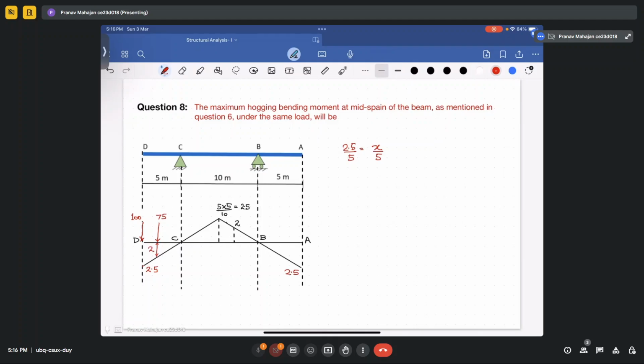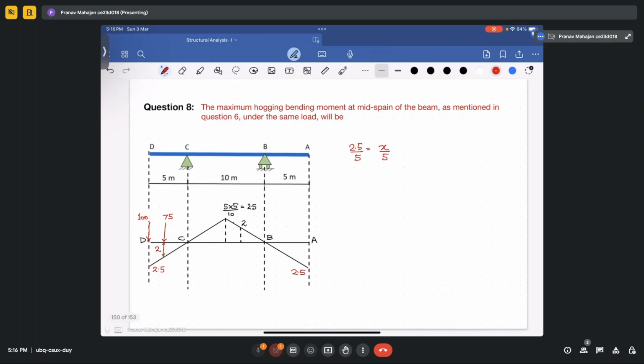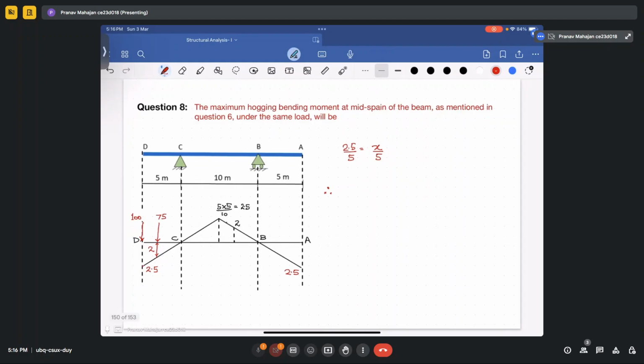So the value here, if we calculate, will come out to be 2. Okay. So in this case, we are calculating the hogging moment. That's why I am considering this area, because only this area is providing us the maximum hogging bending moment. Hogging bending moment is considered to be negative, that's why we have to consider the negative area region.